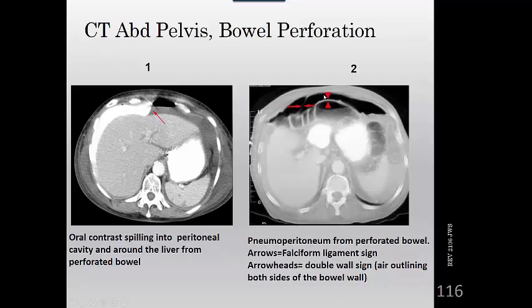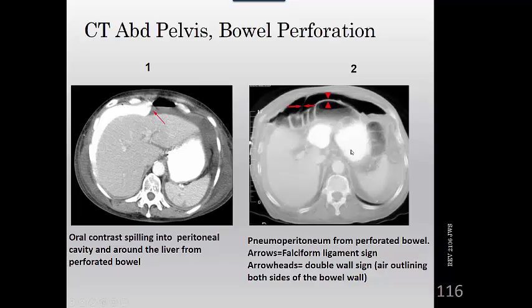Also, the thick arrowheads here indicate a double wall sign, and that's air outlining both sides of the bowel wall. So you have some air in here outlining this bowel wall, and then air out here. That's a big sign that there's a bowel perforation going on.